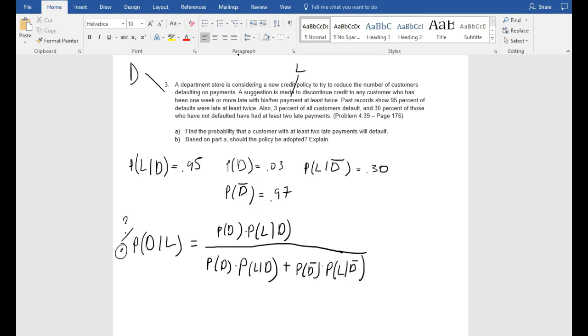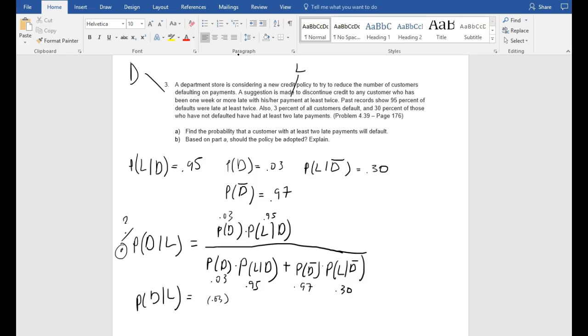The one thing you'll notice is we have all these probabilities. We want to know the probability of D given L. We have this, 0.03. We have this, 0.95. This, 0.03. That, 0.95. This, 0.97. And this, 0.30.